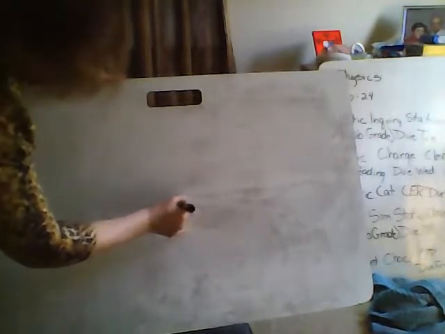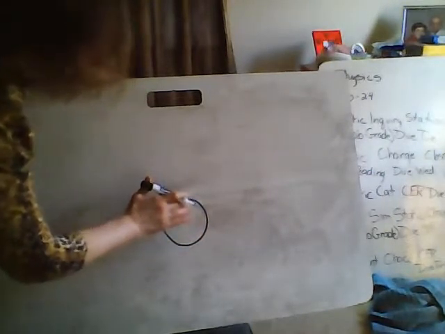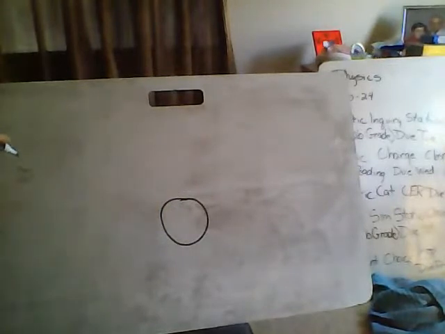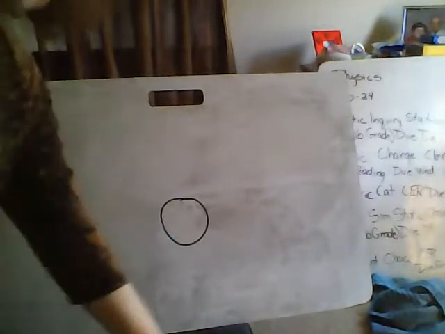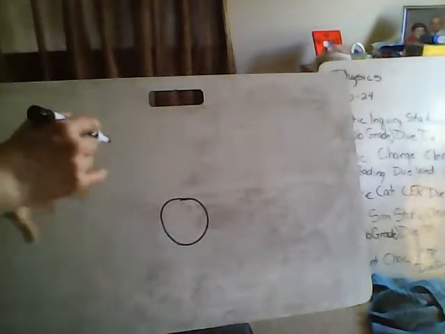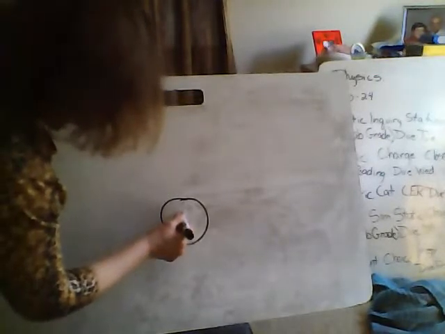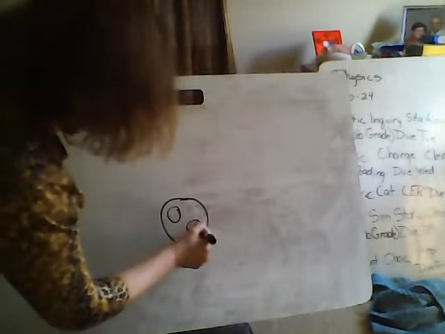Let me put the nucleus here. And what's inside the nucleus? We have subatomic particles. That's like submarine, so it's under, so it's smaller than. Subatomic particles. We have protons and we have neutrons.